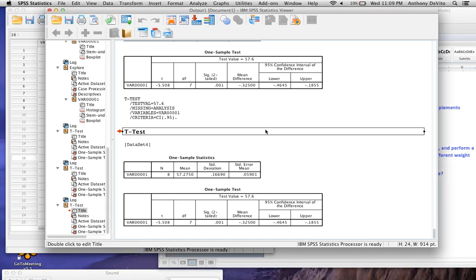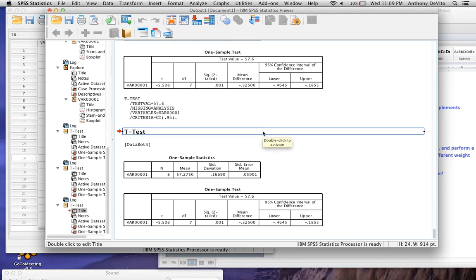And the terminology is that if we can't prove with 95% certainty, or 5% chance of being wrong, even if it's 94% certain and only a 6% chance of being wrong, what we say is we fail to reject the null hypothesis. We don't say the null hypothesis is true. We don't say we accept the null hypothesis. We only say we failed to reject the null hypothesis.